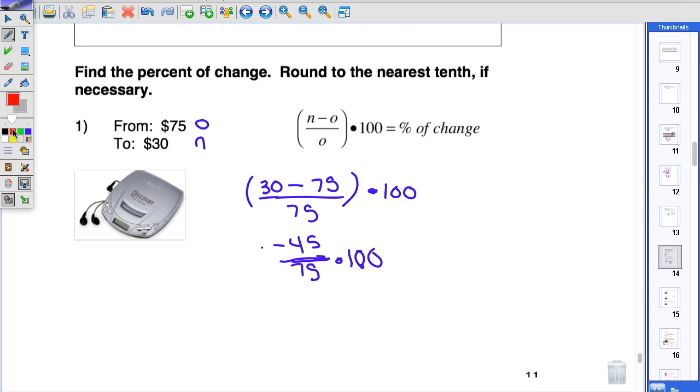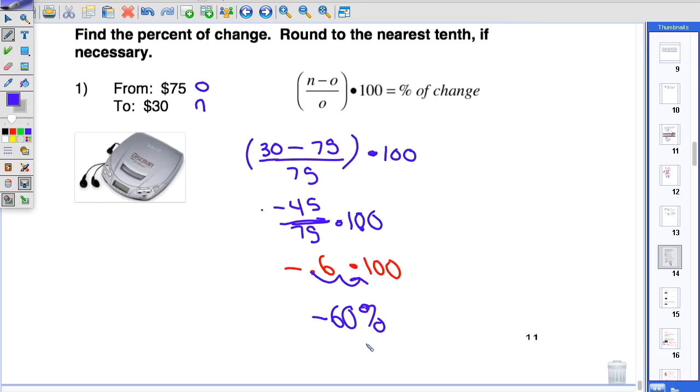Using your calculator, negative 45 divided by 75 gives you negative 6/10 times 100. When we multiply it by 100, it moves our decimal 2 places to the right. This is converting your decimal into a percent, so it's negative 60%. Since it's a negative, this is a percent of decrease.